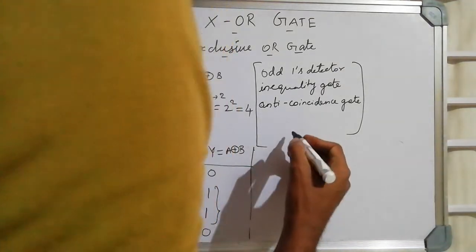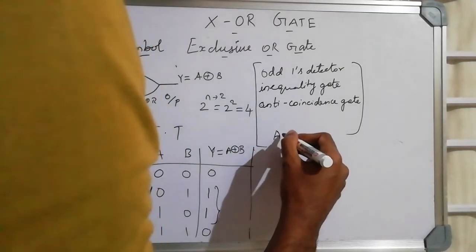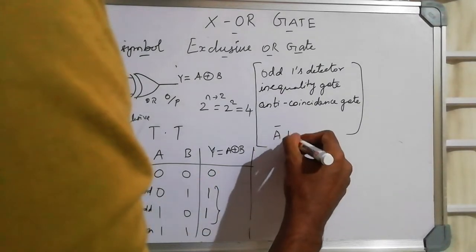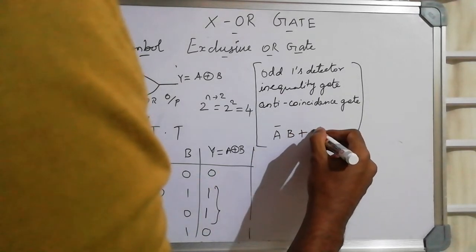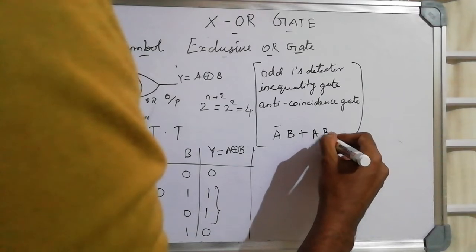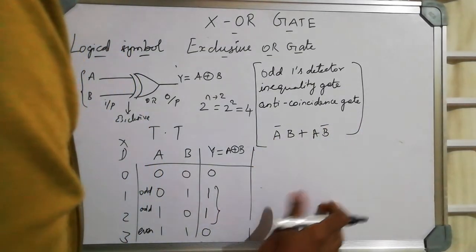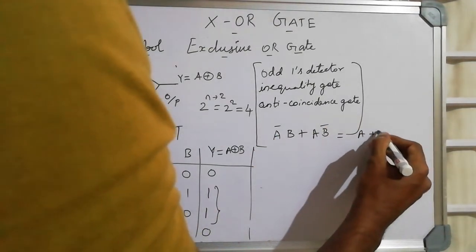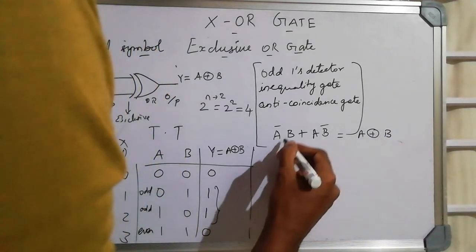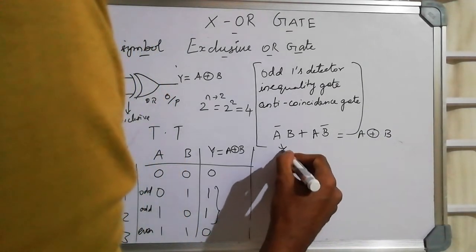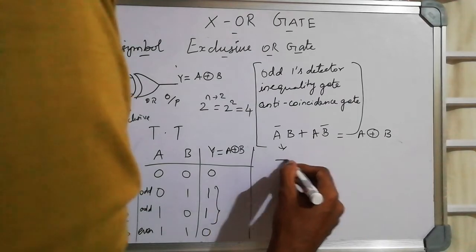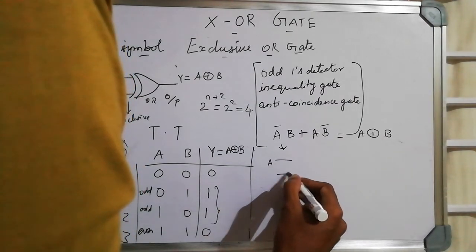Now we will draw the circuit diagram for A bar B plus A B bar, which is equal to A XOR B. First I am taking the A input and the B input.